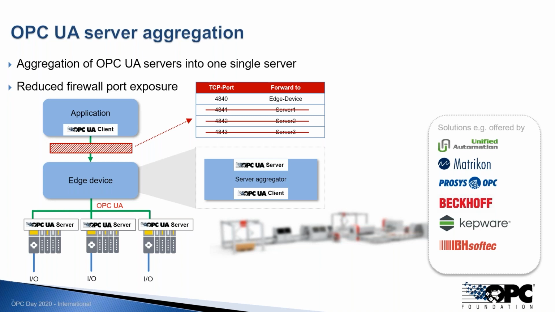So the application here, the OPC UA client, only needs to connect to the edge device via one TCP connection for the whole machine which is running below. The application doesn't really recognize that actually there are a couple of PLCs below. From the UA point of view, it's one unique server which is available with all the data of the machine.